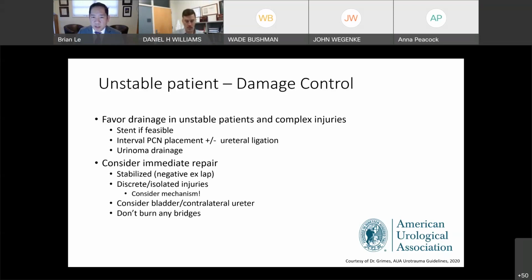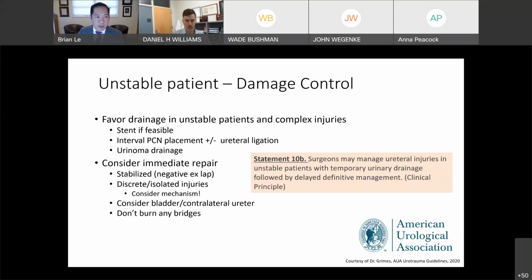You just don't want to spend a lot of time trying to do something that, in the order of things that are going to kill the patient, would be low on that list. So when to consider immediate repair, I will talk about a little bit later. So you may manage ureteral injuries with temporary urinary drainage followed by definitive management.